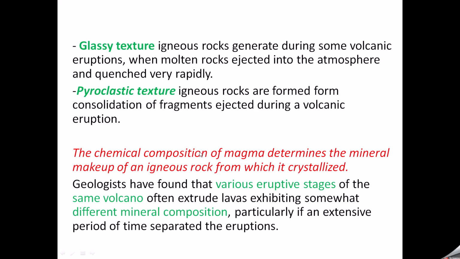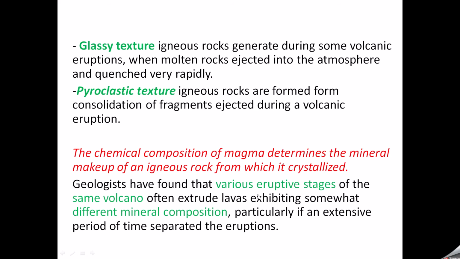Now, the chemical composition of magma determines the mineral makeup of an igneous rock that crystallizes from it. So the chemical composition of the mother magma is important to determine the chemical composition of the igneous rock itself. Here there's a note.